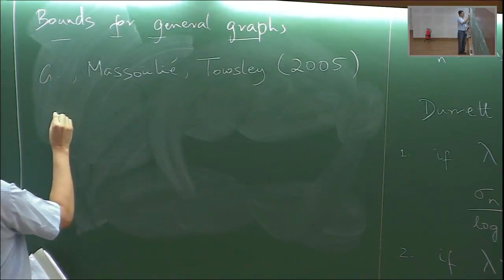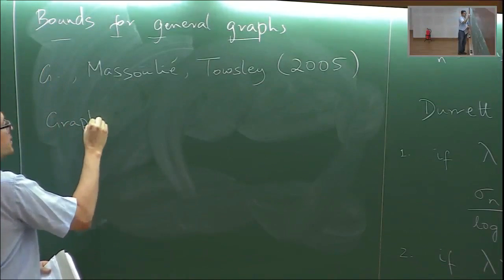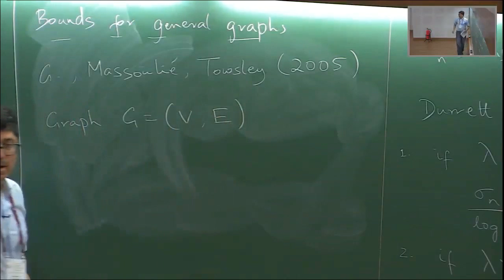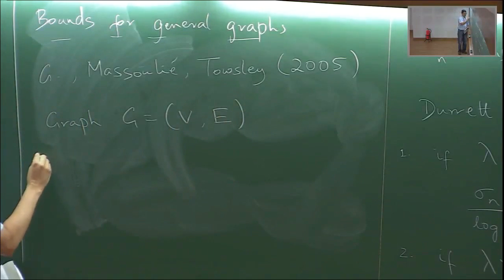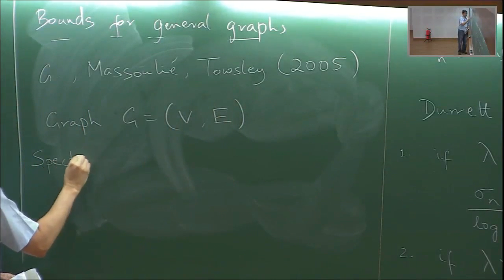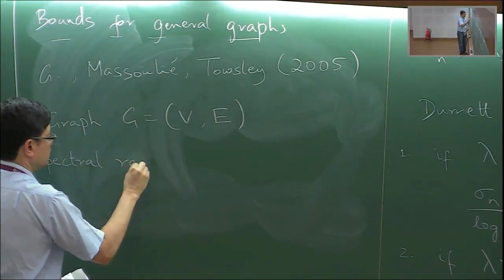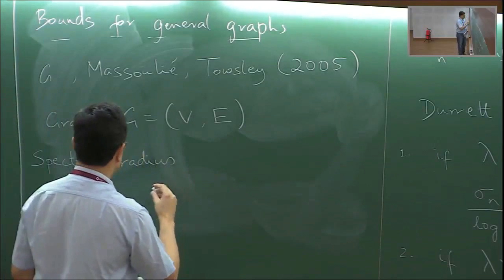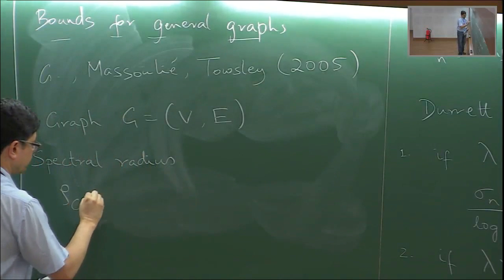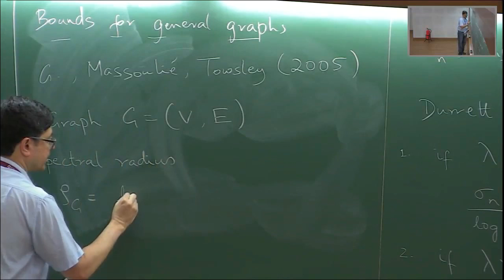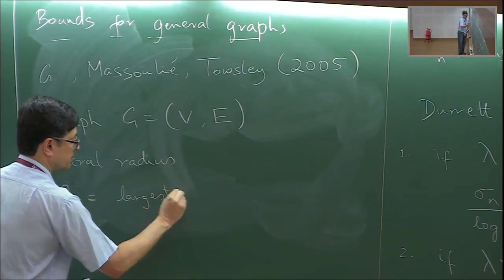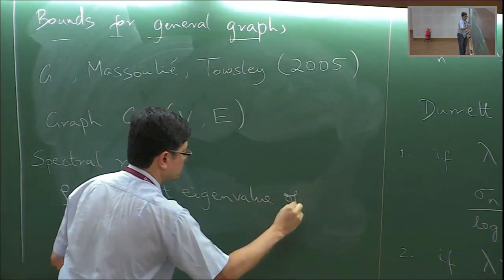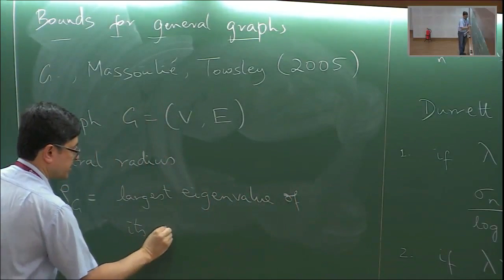So we have a graph G, and its spectral radius is defined as the largest eigenvalue of its adjacency matrix.